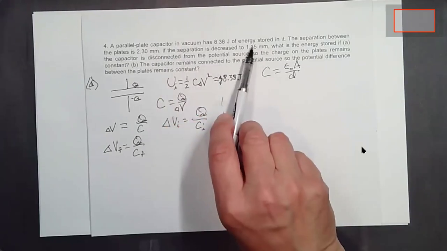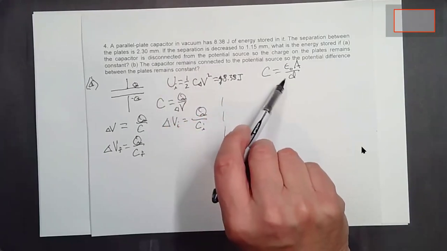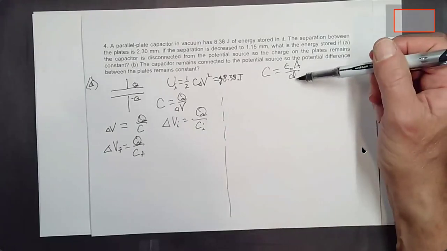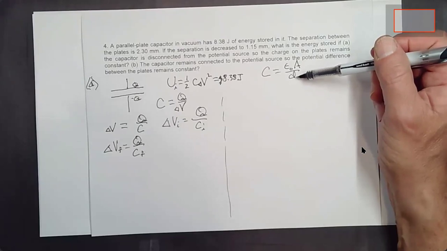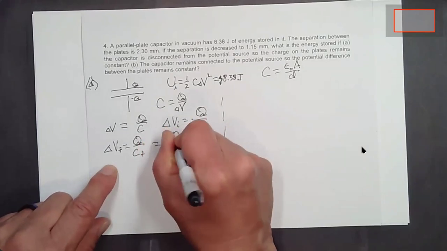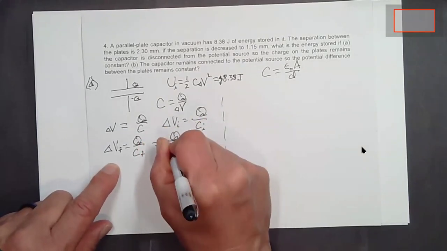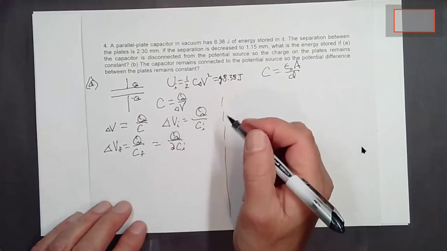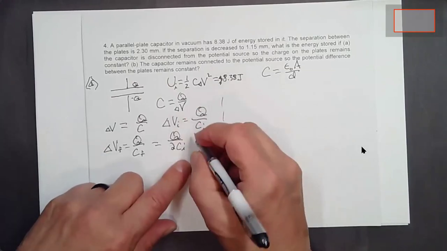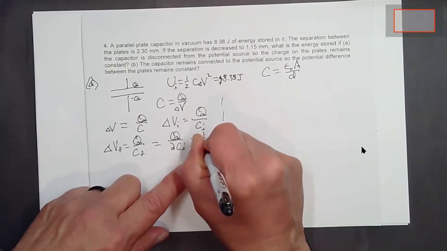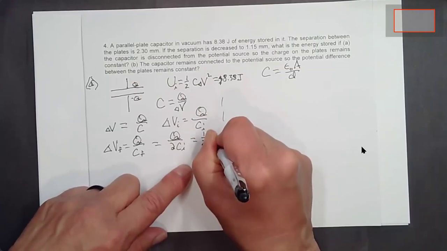Decreasing the distance to 1/2 its initial value will double the capacitance, because the distance between the plates shows up in the denominator. So this will be Q over 2C initial, and that means delta V final is going to be 1/2 of delta V initial.